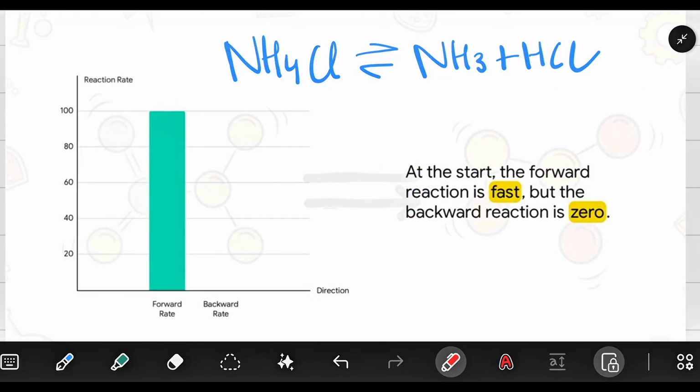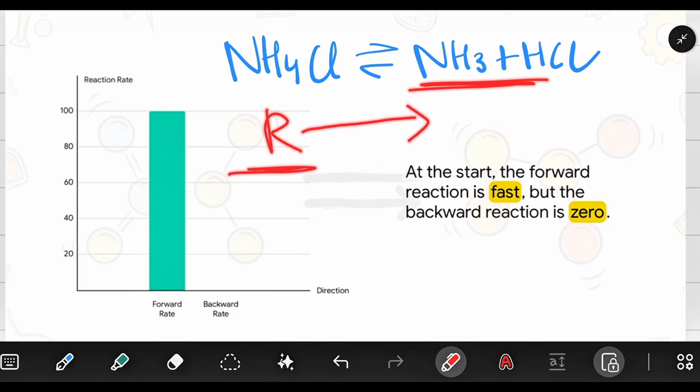Now, the one thing to understand is that these reactions can take place at different rates, which means that at the start of the reaction, the ammonium chloride will be present only, and the forward reaction will take place first to form the products, and after the products have been formed, will the products then react with themselves to form the reactants again.